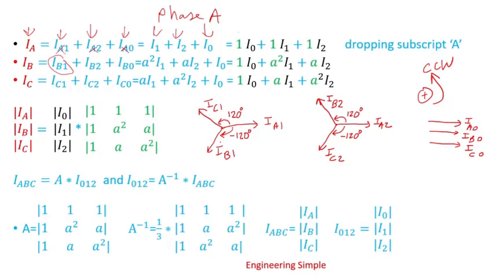So IB1, if I look at it here, is equal to IA1 with the angle of minus 120 degrees, which is the same as IA1 at 240 degrees, which is IA1 times 1 with an angle of 240 degrees.